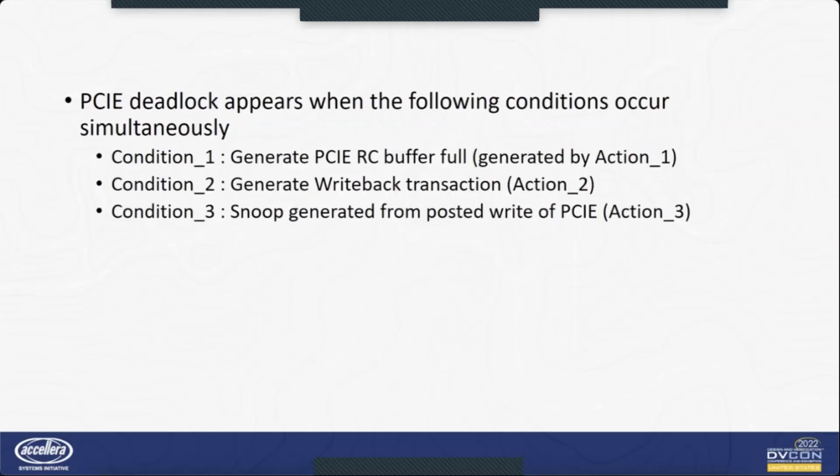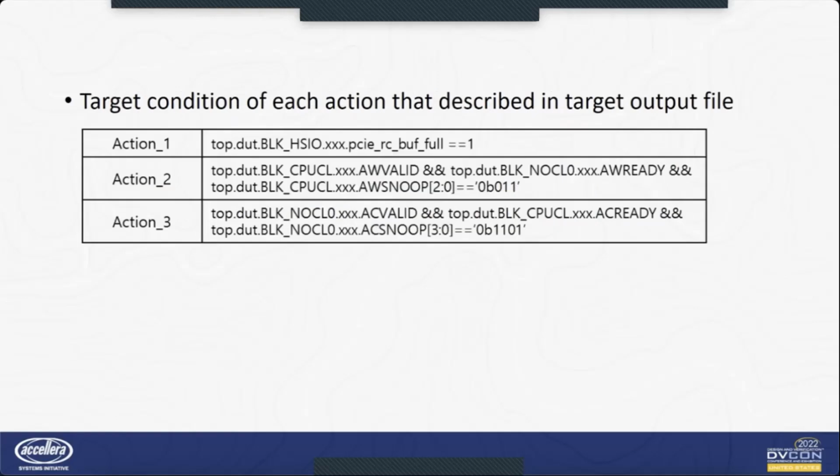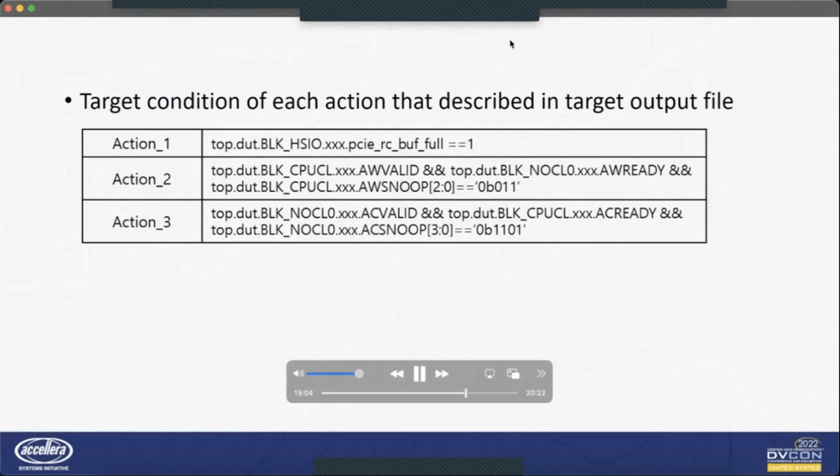The target conditions that must occur at the same time to generate PCI deadlocks are as follows. 3 actions were created to reproduce each condition, and the PSS delay action was added for sequence control of each action. The target condition of each action is as follows, to detect the target condition in the output monitor.